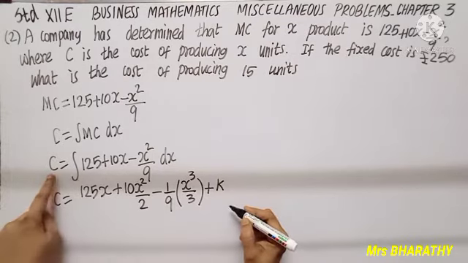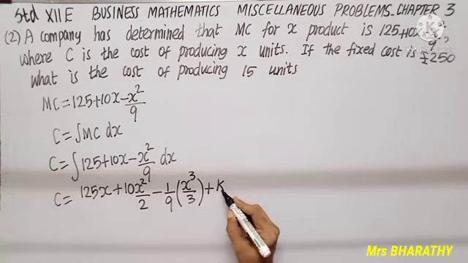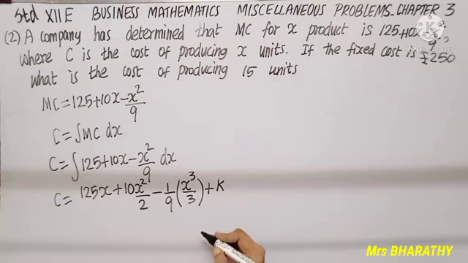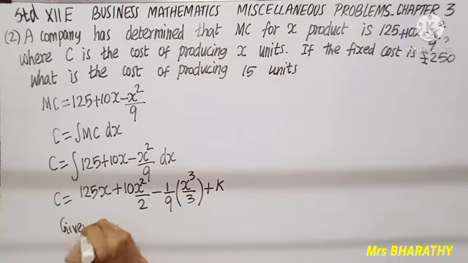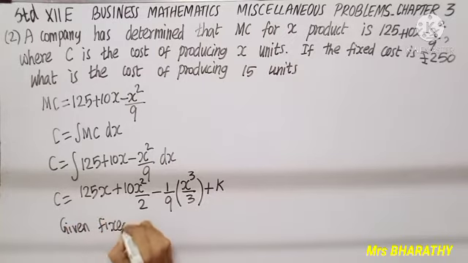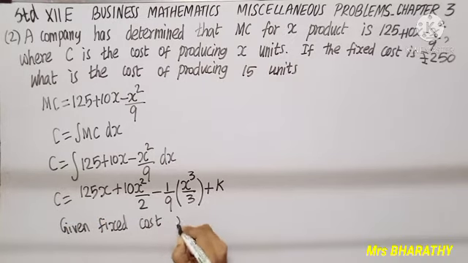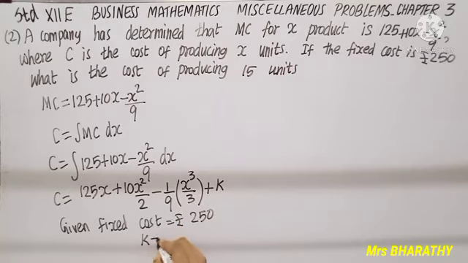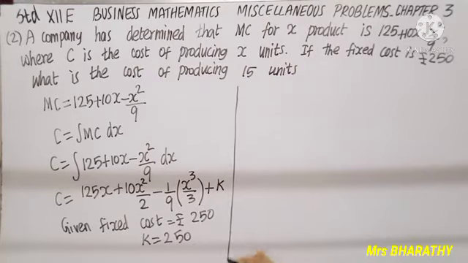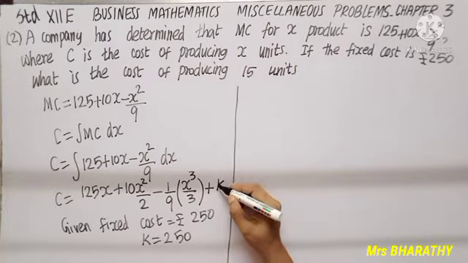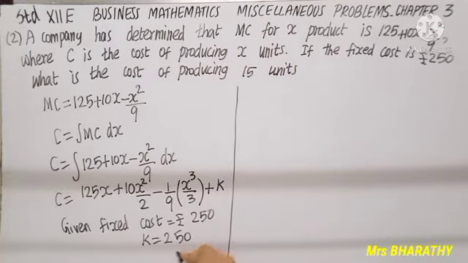Already C comes as cost, so introduce K as the constant. Given fixed cost is rupees 250, that implies constant to be taken as 250. Whenever fixed cost is given, consider the constant as the fixed cost.